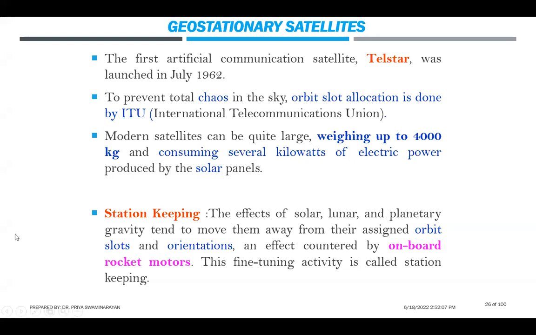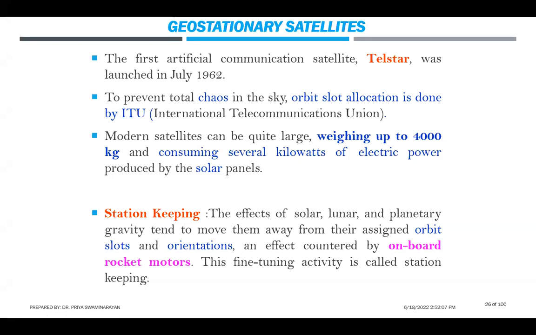Now there is one more terminology, that is station keeping. Station keeping means what? Whenever we launch any satellite, that satellite should be in an orbit. It should not come out from its orbit. And if it moves from the orbit, then there is no meaning of that satellite, right?